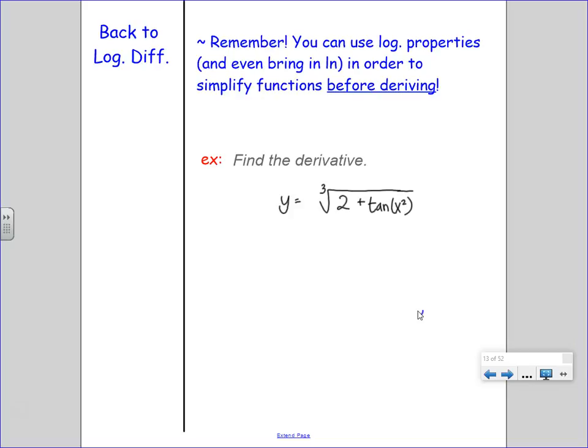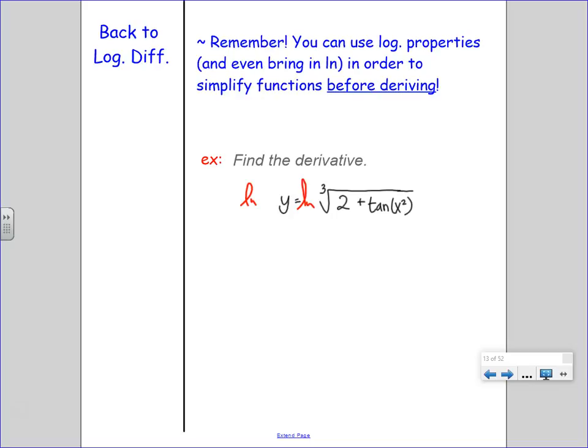Do you guys see how nasty chain rule would be? Chain rule would be to the 1/3 power, and we have a u within a u within a u. Doesn't mean it's impossible, but I'm just saying there's another way. We could bring in an ln.